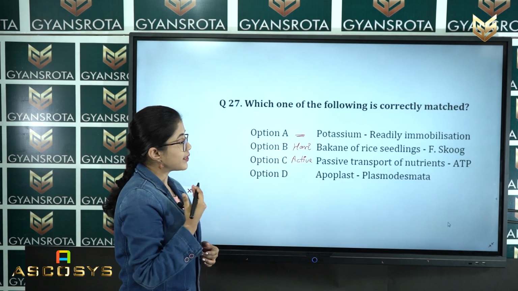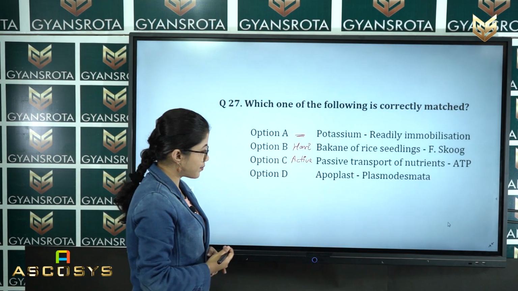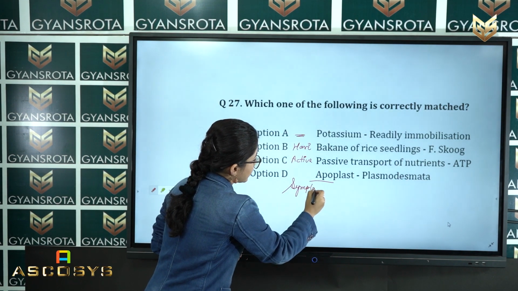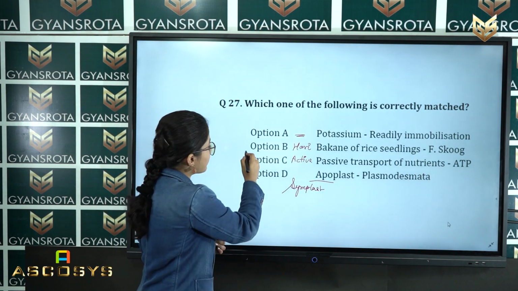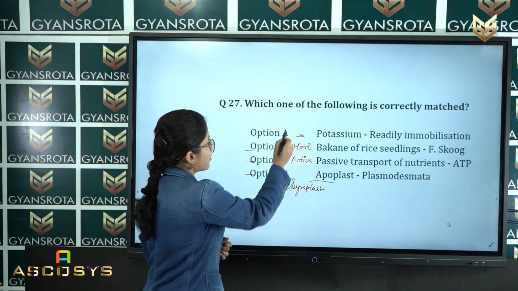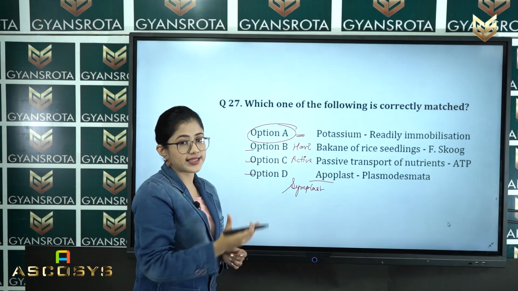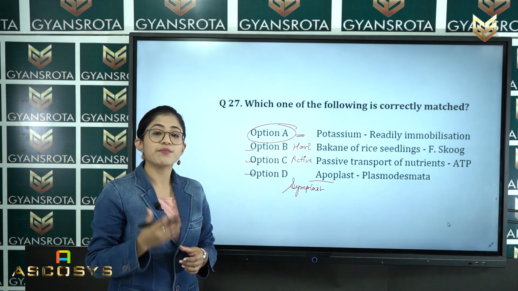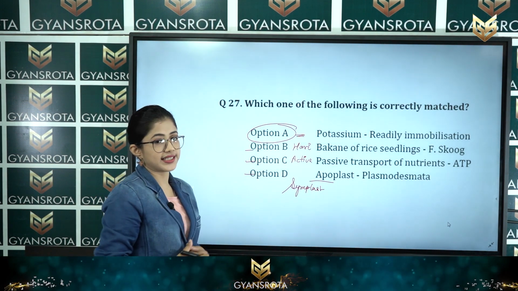Next, in option number D, it is written apoplast plasmodesmata. That is the incorrect statement because it should be symplast. Symplast translocate through plasmodesmata. So, option number B, C and D are the incorrect statement. But in option number A it is written potassium, it helps in readily immobilization. Instead of this statement, it should be like potassium readily mobilization. So, if that is the statement, then option A is the correct answer.